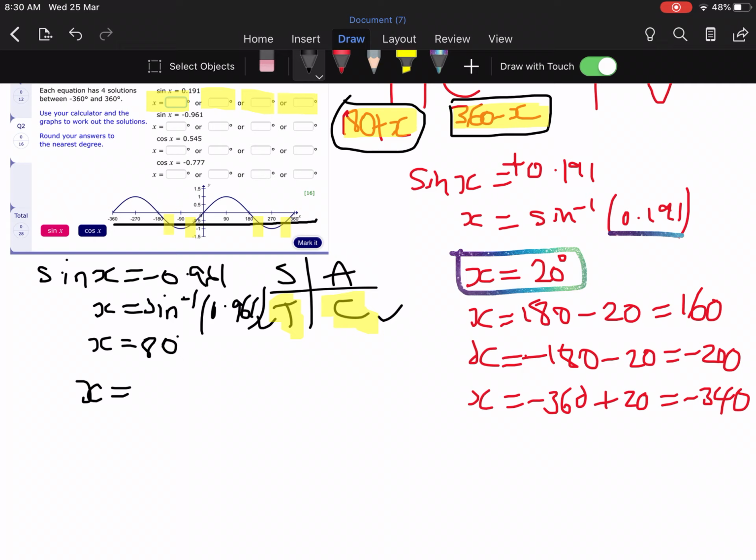So remember that. So to find the real values for negative 0.961, I'm going to do 180 plus 80, and I'm going to do 360 minus 80. So in that case, I'm going to get 260, and I'm going to get 260. So it's the same value twice.